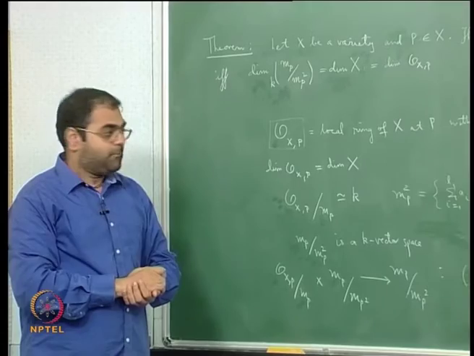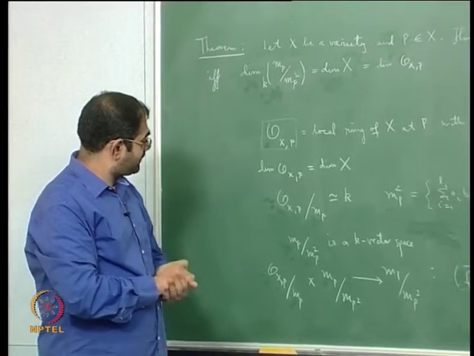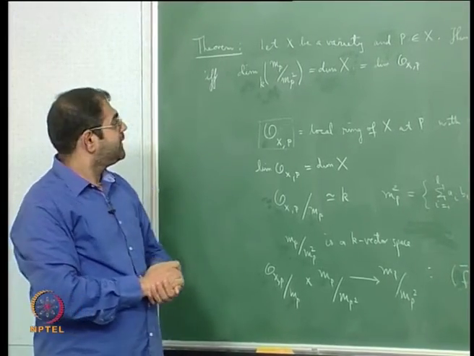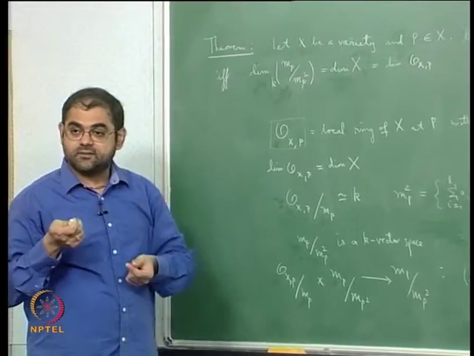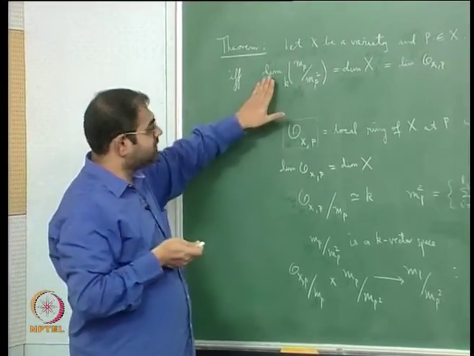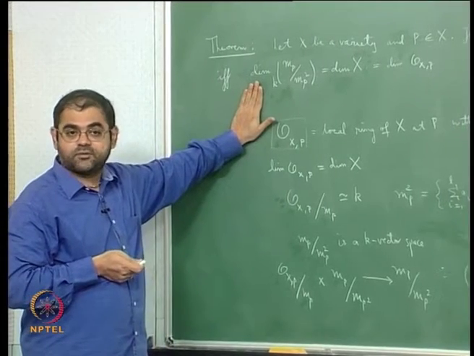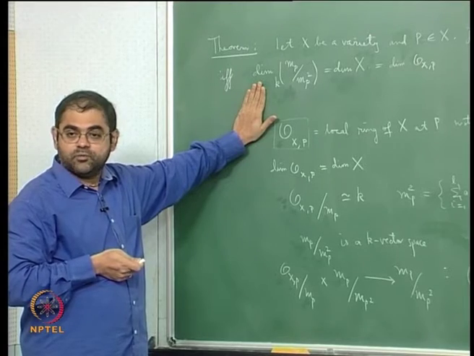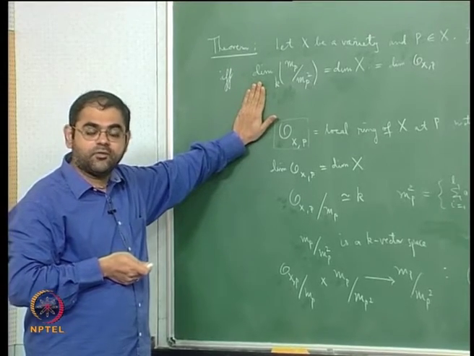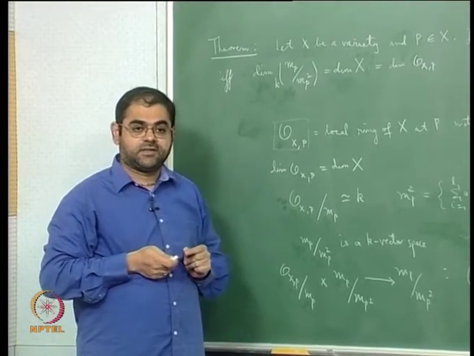But the nice thing that I want you to notice is that the whole thing that is done using calculus has been captured just using local rings. That is what I want you to appreciate. When you do usual calculus, how do you define a tangent space at a point?